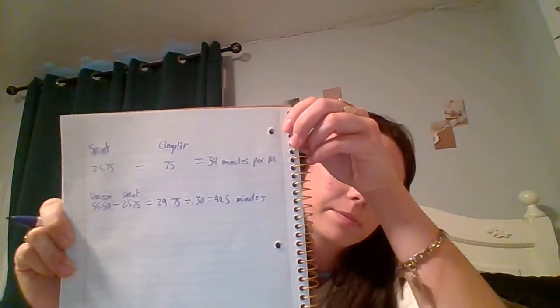And so what I did is I divided that by 0.30, because that's the extra per minute that Sprint has. And so then I got a total of 99.5 minutes per month. Just like this.